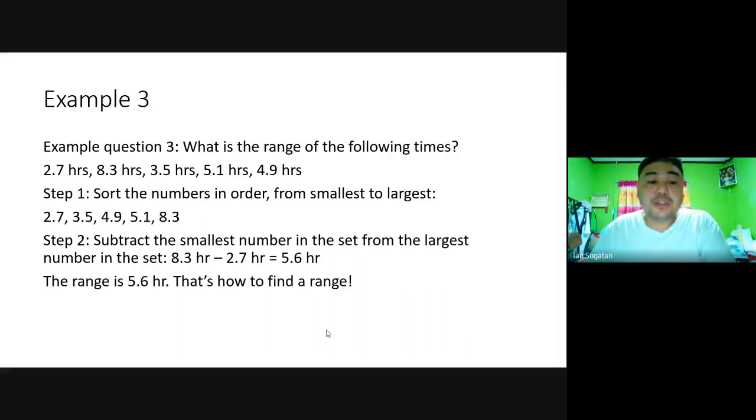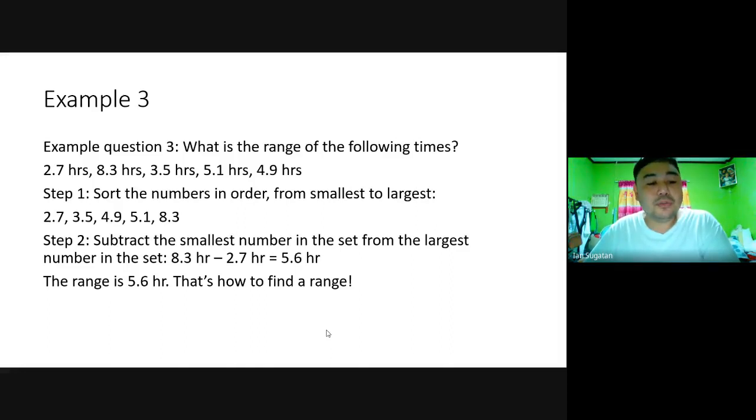For example number 3, what is the range of the following times? You have 2.7 hours, 8.3 hours, 3.5 hours, 5.1 hours, and 4.9 hours. Step number 1, sort the numbers in order from smallest to largest: 2.7, 3.5, 4.9, 5.1, and 8.3.